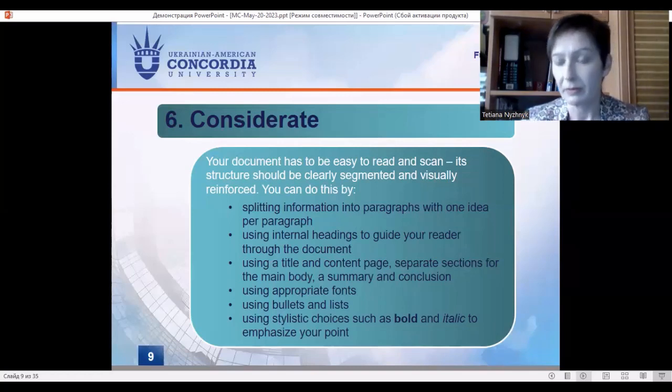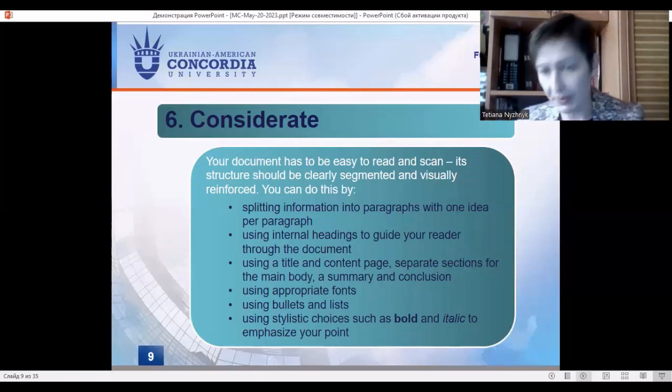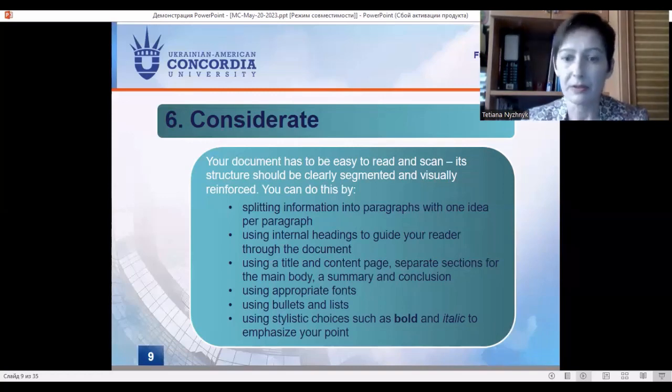If a document is big, for example, if it is a report, then probably you will need a title page, a content page, and separate sections for the main body, for the summary, and for the conclusion. And the supplements if relevant. Then the fonts have to be readable again and easy to see.